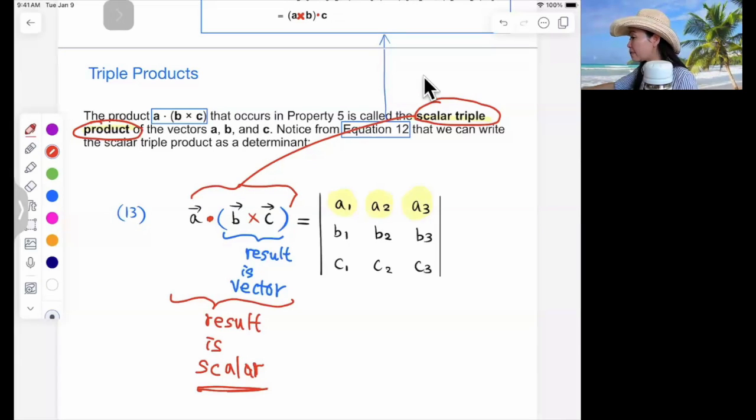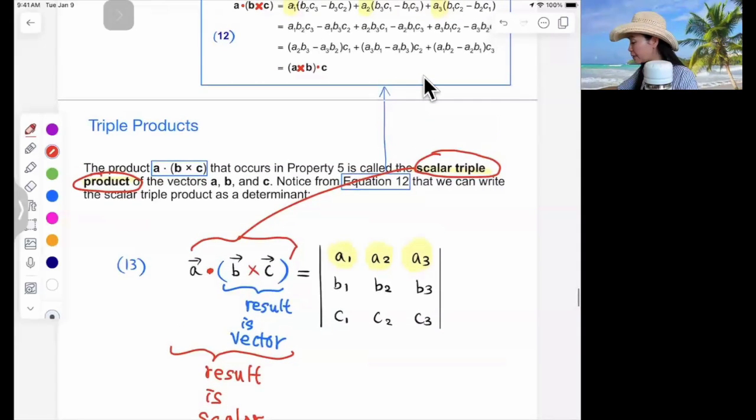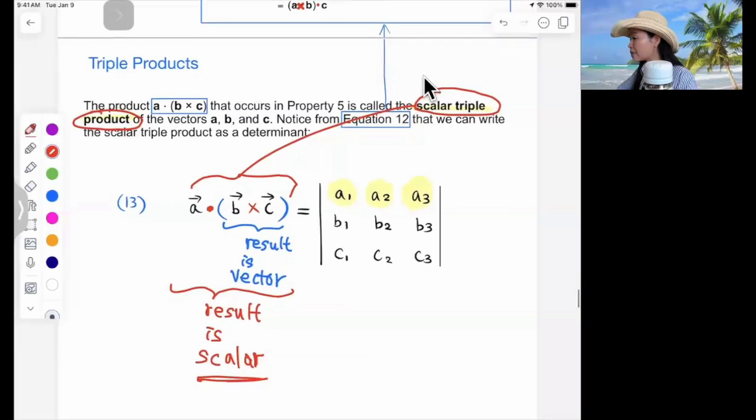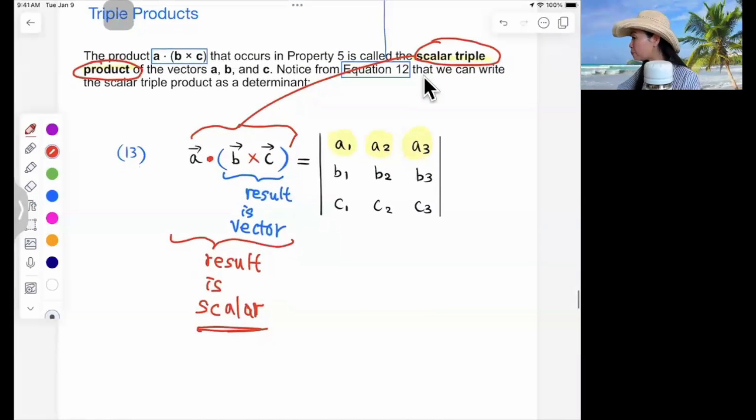Then the determinant of this will be the result for the scalar triple product. You can actually try it, we can prove this. So the scalar triple product of A dot parenthesis B cross C is equal to this.